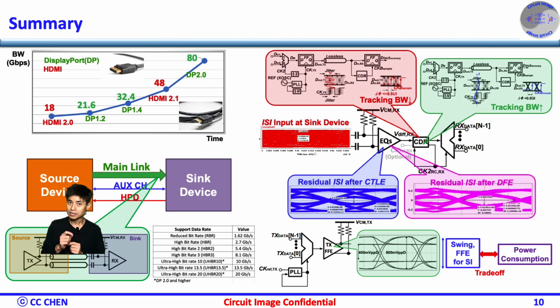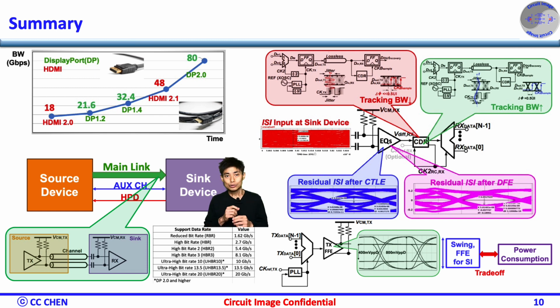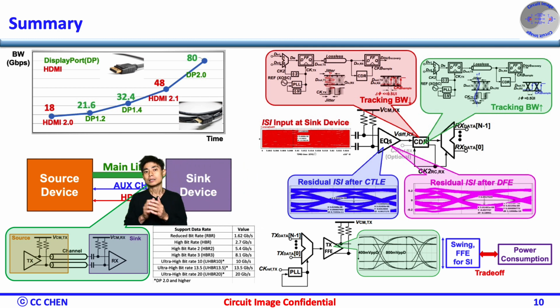First and foremost, the unidirectional main link should support 1, 2, or 4 lanes configurations along with the chosen line rate for different bandwidth needs. Then, the aux should communicate both line rate and number of lane configurations between the source and sink device.